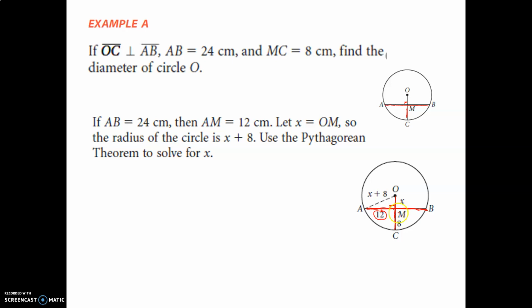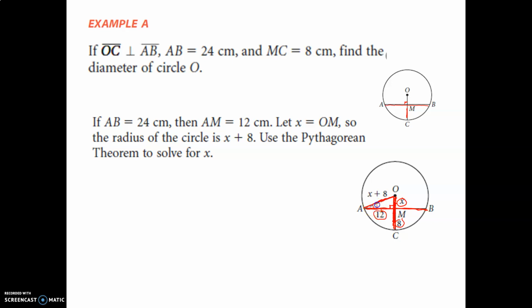We know that this piece here is 8, and we don't know what this upper piece is, so they call it x. But now look, this radius here is x plus 8. So every radius in the circle would be x plus 8. So I now know that piece.